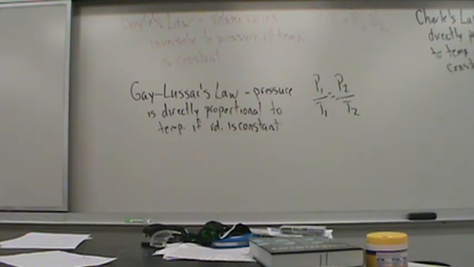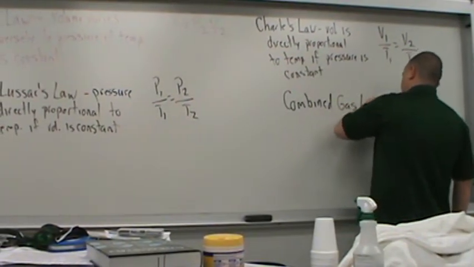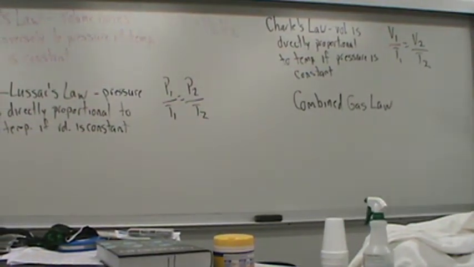Okay? So if we have a situation where everything changes, we have what is called the combined gas law. Now, with the combined gas law, we're going to combine all 3 of these into one formula. So if we look, Boyle's law has P1 times V1 is equal to P2 times V2.